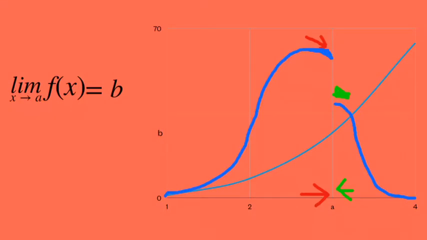Now these aren't the same, right? So therefore the limit cannot exist. And these limits, when we approach from just one side, completely ignoring the other side, are called one-sided limits. So here, because the one-sided limits don't approach the same point, this two-sided limit doesn't exist.